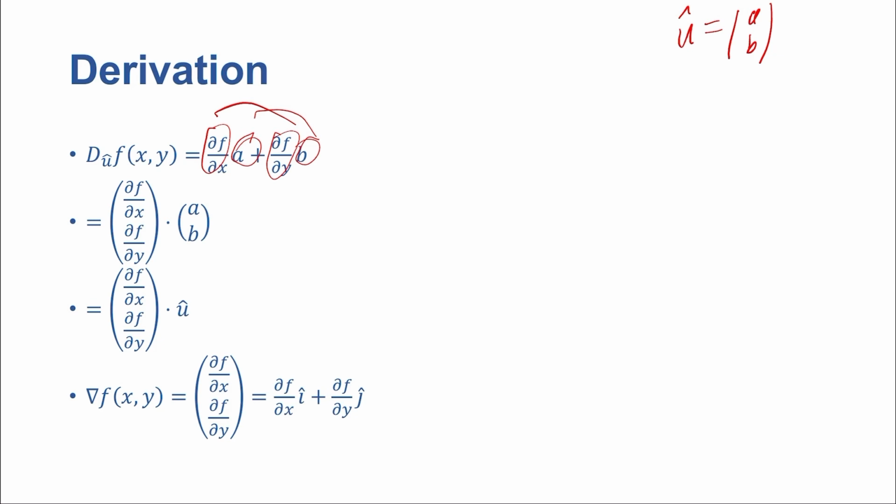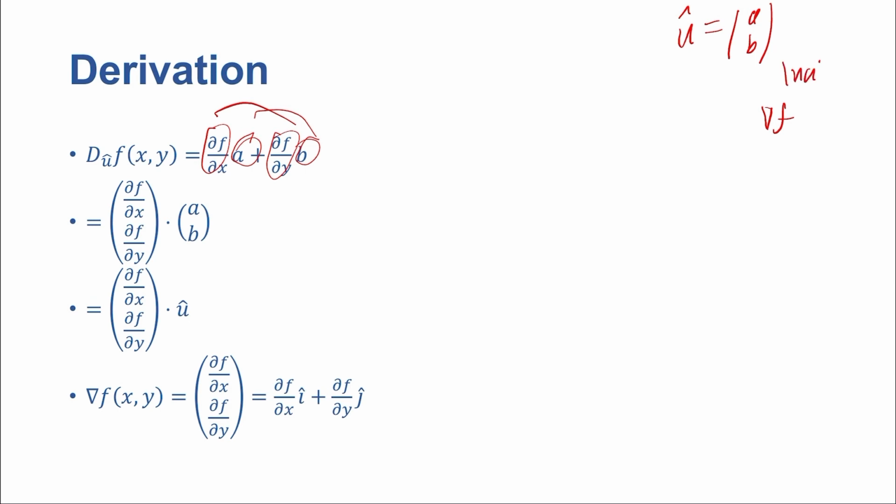You can use this upside down triangle symbol, which we call del, or you could call it the gradient, or you can call it nabla. In vector calculus, we use this symbol for a couple of other things, but we'll discuss that later on. So nabla f, that's gradient of f. Nabla is the LaTeX command for this upside down triangle.